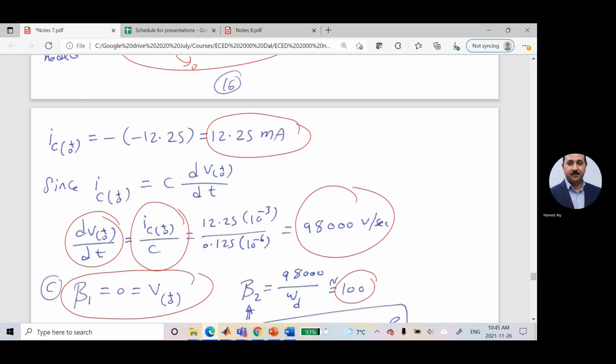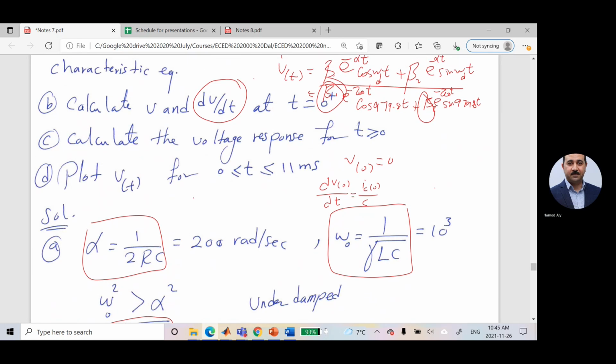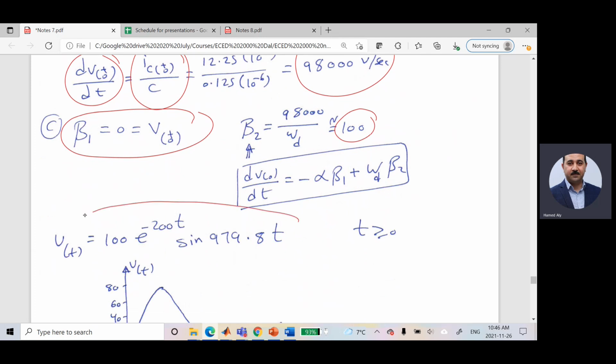So once I found beta 1 and beta 2, I will go back to my equation that I wrote here and substitute beta 1 equal to 0 and beta 2 equal to 100. Then I can say v of t is equal to 100 multiplied by e to the power negative 200t times sine omega d t, which is 979.8t.